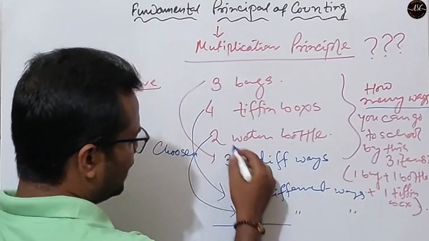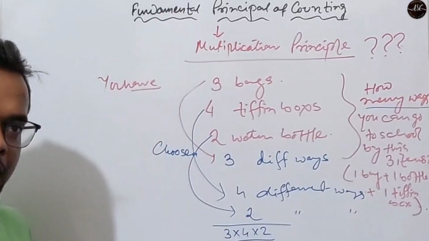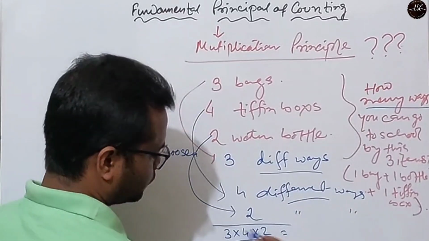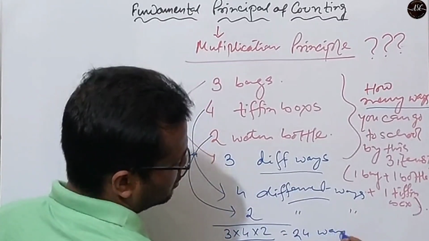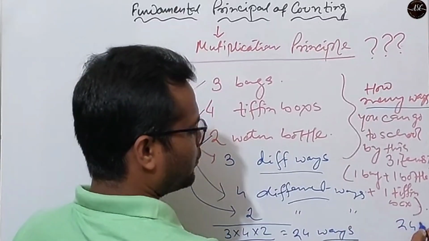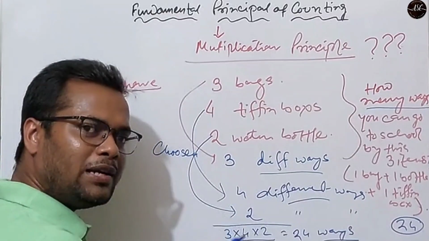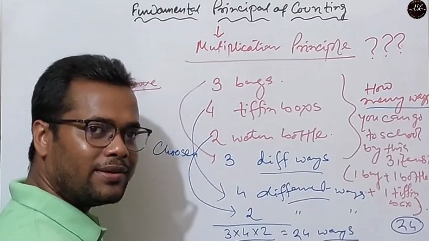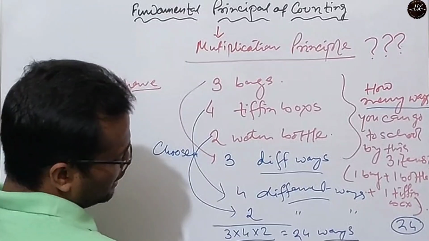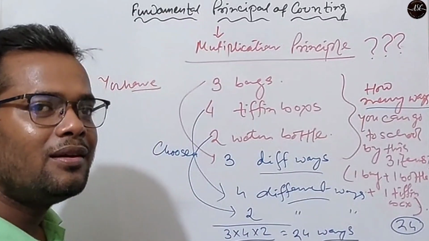Here just multiply these 3. That means 3 into 4 into 2, the multiplication of these ways. We can get 24 ways. So the answer is 24. So here we have multiplied just the ways to get the possible outcomes. So this fundamental principle of counting is called the multiplication principle.